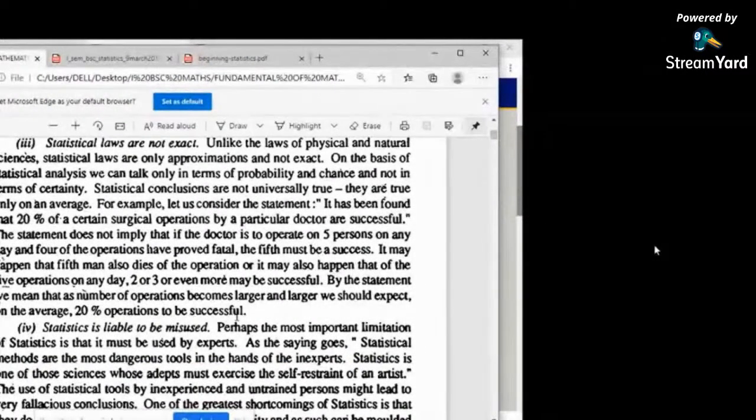When we build a house, we prepare an approximate cost structure. We need not restrict ourselves to the exact value. In that sense, statistics has importance.